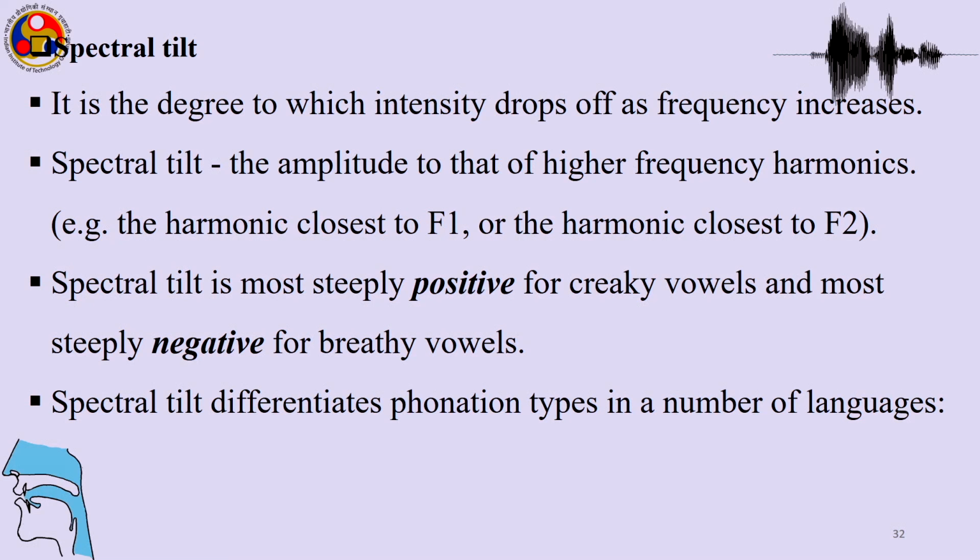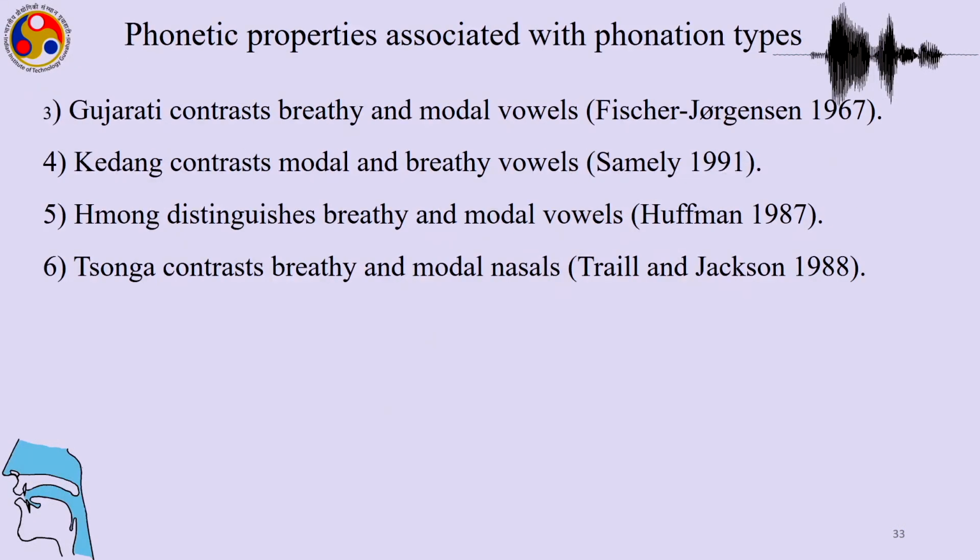That is, the harmonics closest to F1 and the harmonic closest to F2, we compare that with the amplitude. And when we compare that with the amplitude, we find that the spectral tilt is mostly positive for creaky vowels and steeply negative for breathy vowels. And spectral tilt also differentiates phonation types in a number of languages.